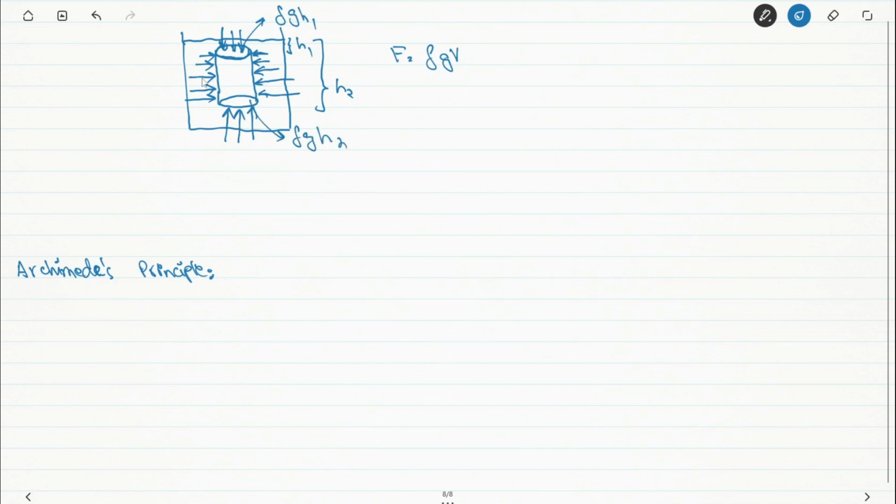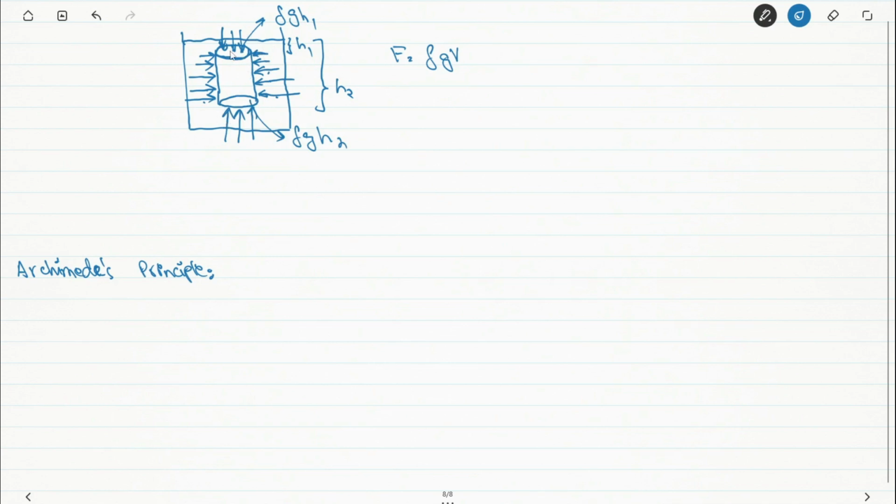Now, the forces being applied on these parts are very uniform, because the heights below the surface on these parts are equal. So this force is equal to this, is equal to this, is equal to this. So the forces cancel out, and no resultant force is applied here if the surface is uniform.